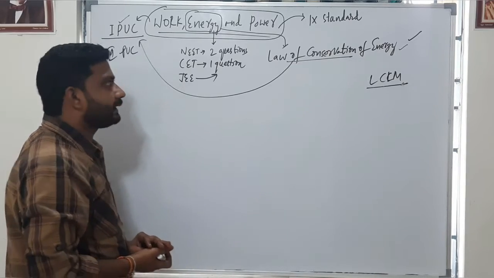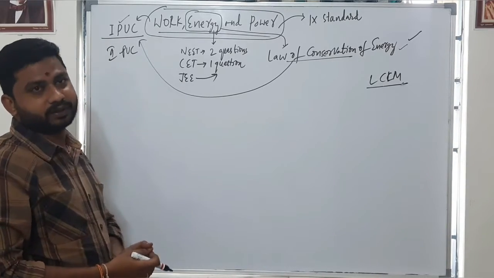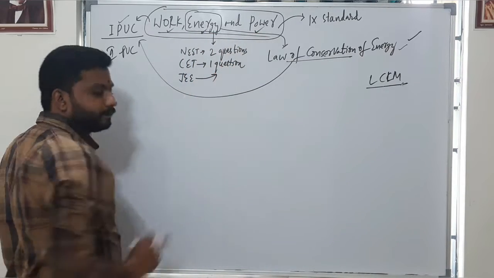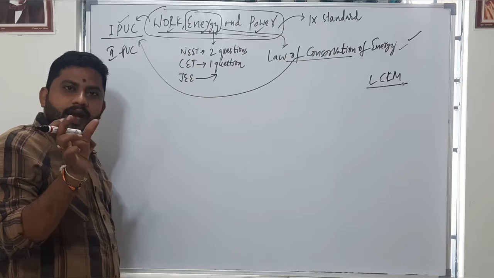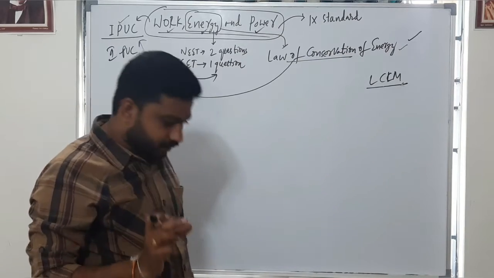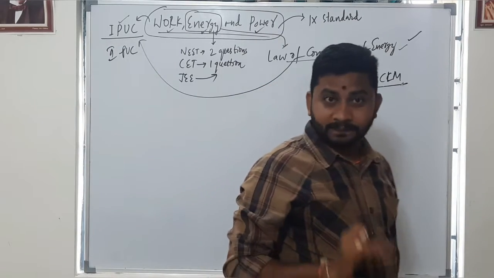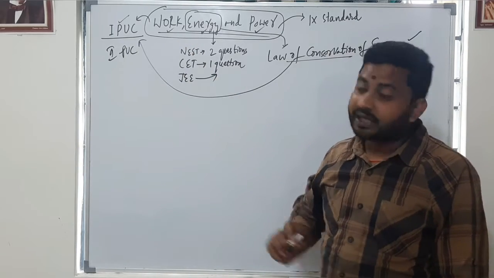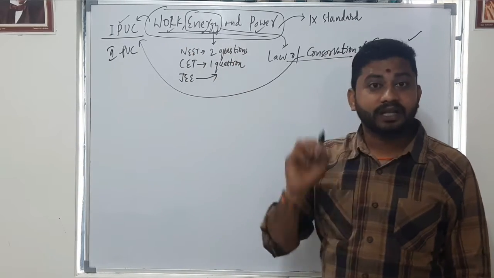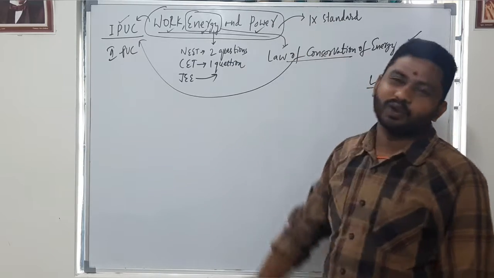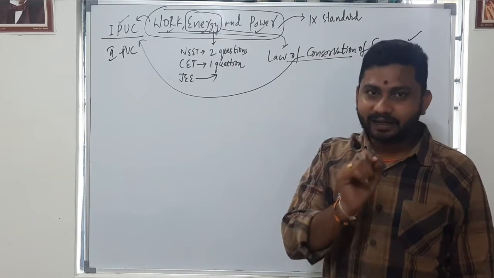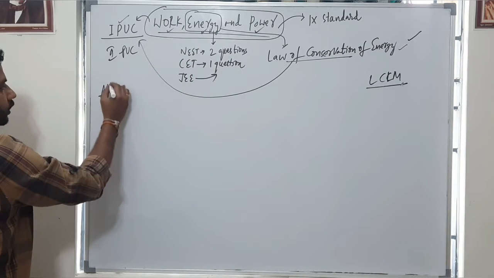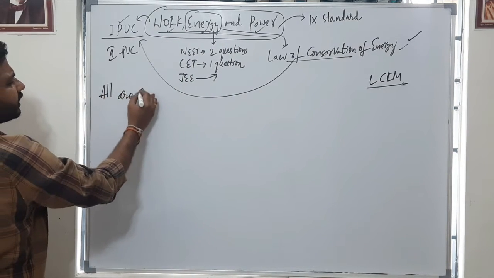Now let's start. If you see the name of the chapter, work, energy and power, there is a common thing among all three names. What is the common thing? Work is a scalar quantity, energy is a scalar quantity, and power is also a scalar quantity. Is it clear? So work, energy, power, all are scalar quantities.